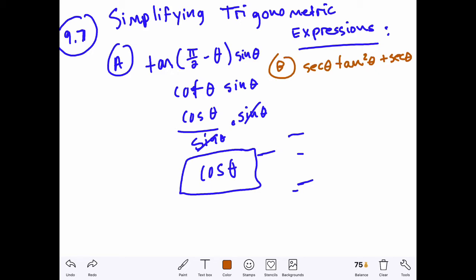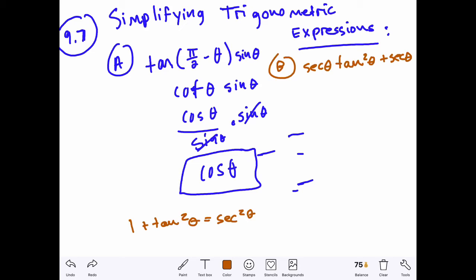So on this one, I'm actually going to use the Pythagorean identity 1 plus tangent squared equals secant squared. Well, I don't have a secant squared, but I have a tangent squared.